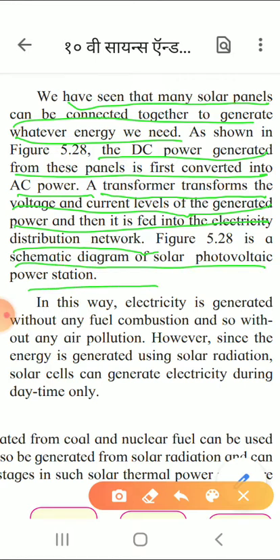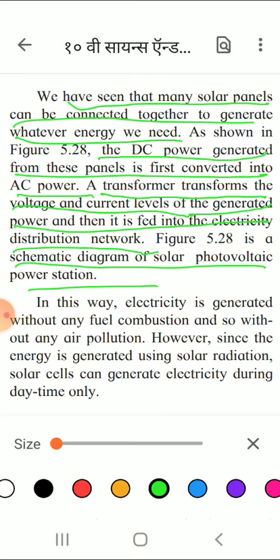In this way we can see that electricity which is generated without using any fuel is 100% clean and eco-friendly, and it does not cause any air pollution.